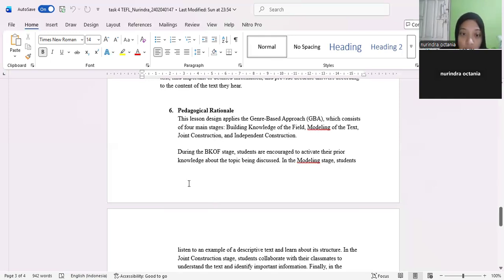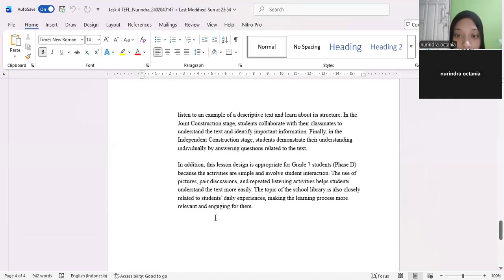During the BKOF stage, students are encouraged to activate their prior knowledge about the topic being discussed. In the modeling stage, students listen to an example of descriptive text and learn about its structure.